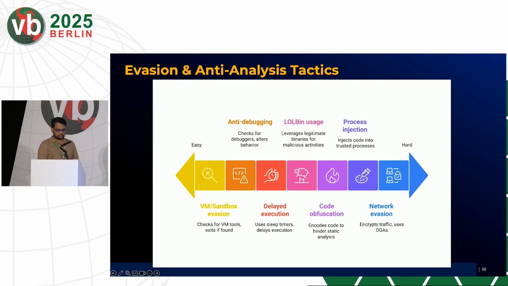Then code obfuscation, using static handlers. Then process injection, injecting code into trustworthy processes. And finally network evasion: most use a DGA algorithm to avoid network-based detection.